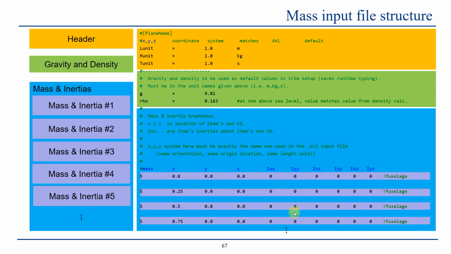If you leave them 0, or if you do not include them in the file, the AVL will use the default value for them, and it should not corrupt the design or the files that you have, or interfere with the analysis that you are running, unless there are massive differences between the inertias of the point masses that you are including. For example, if you have a much larger point mass at some point and it's not really symmetric, so you do have different inertias for it.